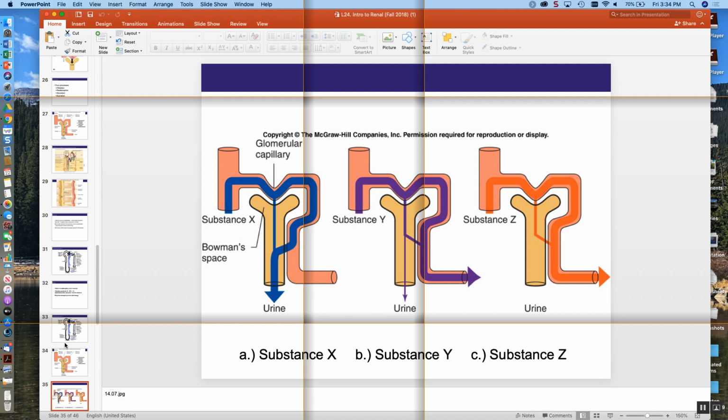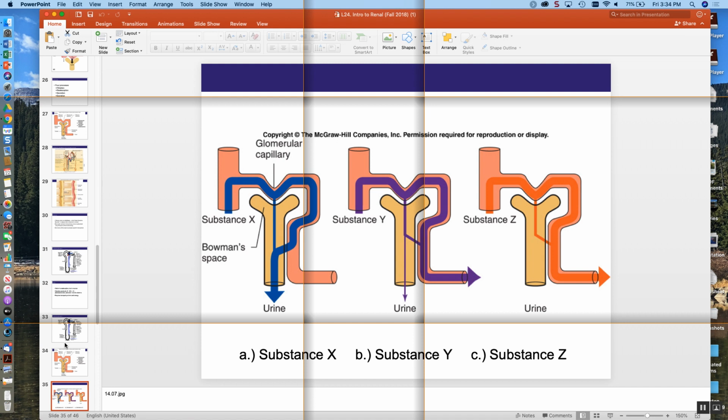PAH is a molecule that you can use when you plug that into the clearance equation. You're basically calculating, when you're calculating PAH clearance, you're calculating renal plasma flow. And the reason why you can do that is because PAH is freely filtered and strongly secreted, so that everything that enters in through the renal artery ends up in the urine.